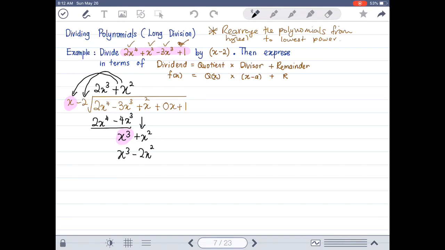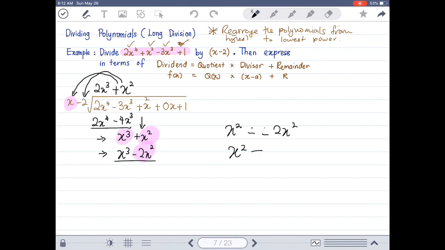Again, top minus bottom. So line that up. X cubed minus x cubed, you should get 0, but we don't write 0. Leave it like that. X squared minus negative 2x squared. So plus x squared minus negative 2x squared equals x squared.